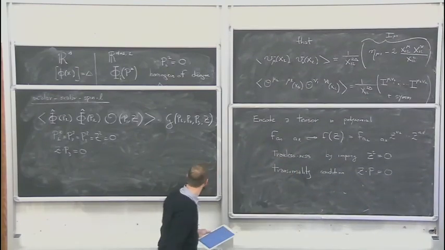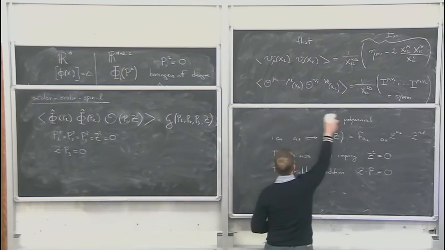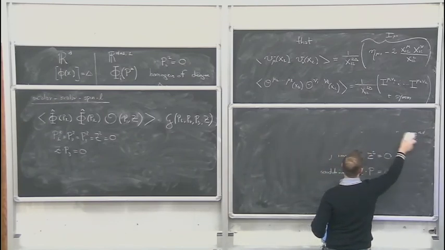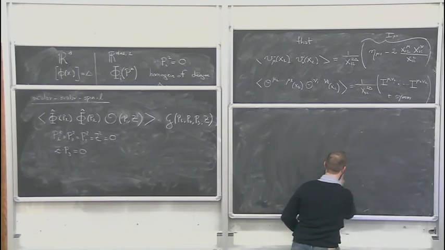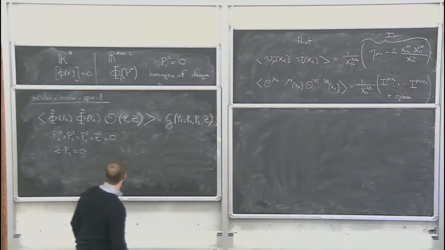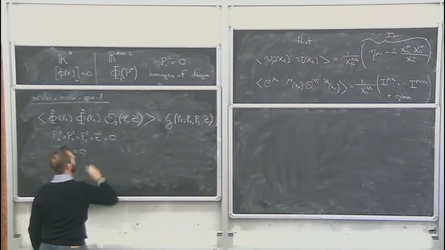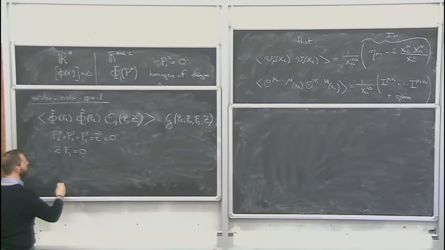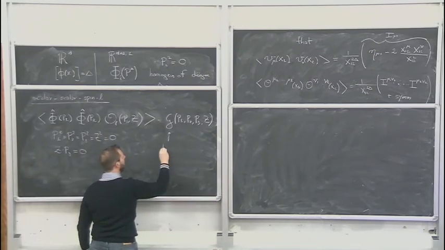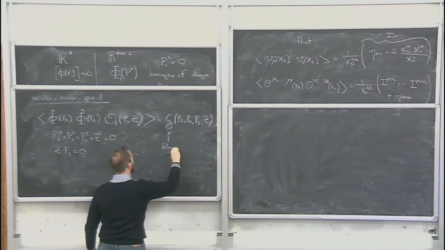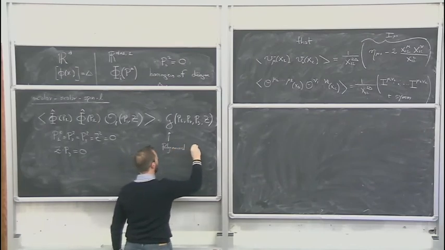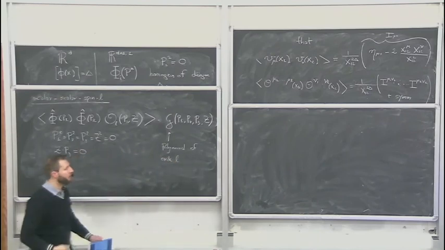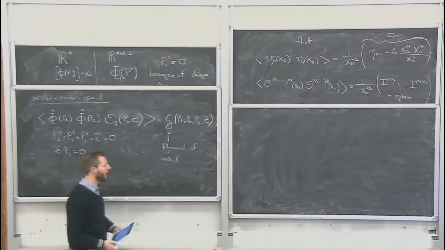And this combination is the following. Also, if this object is spin L, you want G to be a polynomial of order L. It has to be L polarizations because they have to be contracted with L indices.